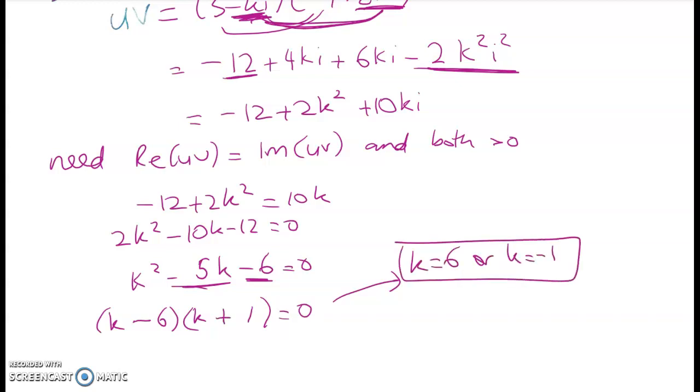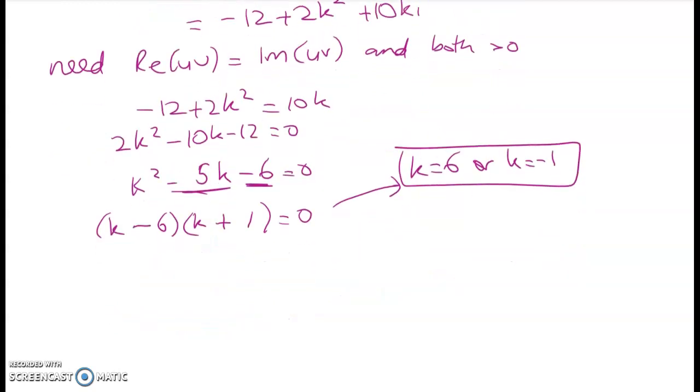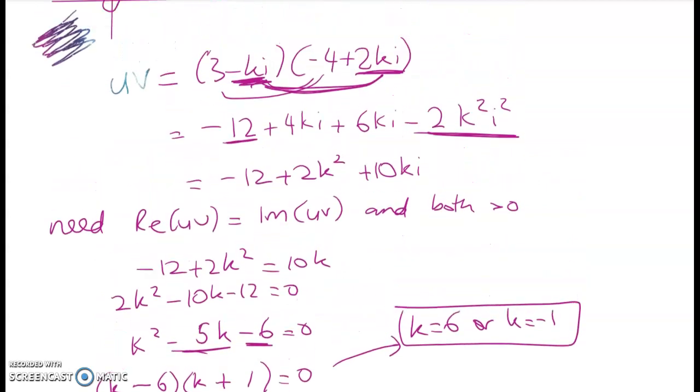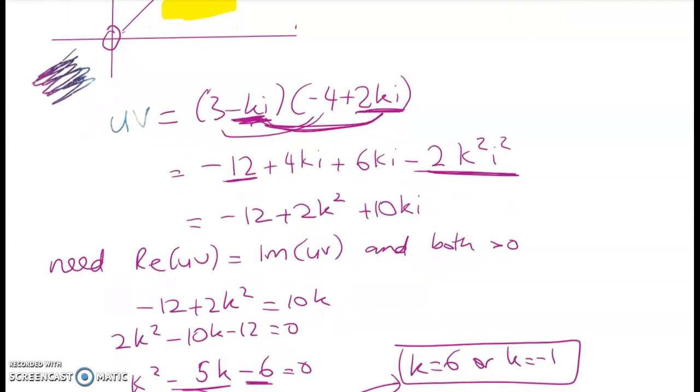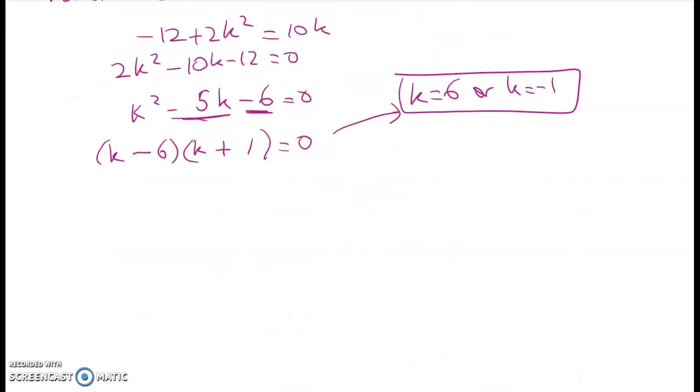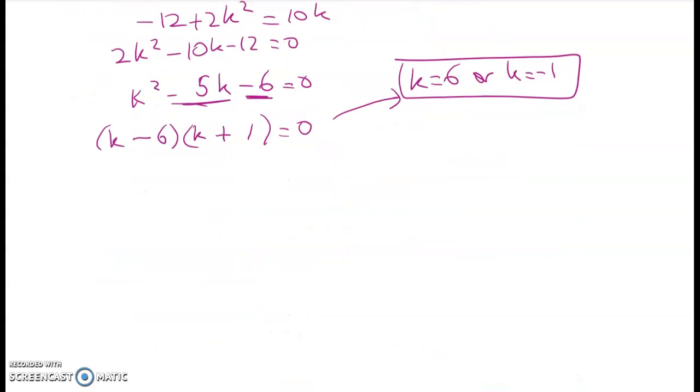But we're not finished, because what we need to do is to check that we're in the first quadrant. So my complex number that I'm after, uv, is what we've got to go back to. So we need to just check that both bits of this are positive. So uv is equal to negative 12 plus 2k squared plus 10ki.